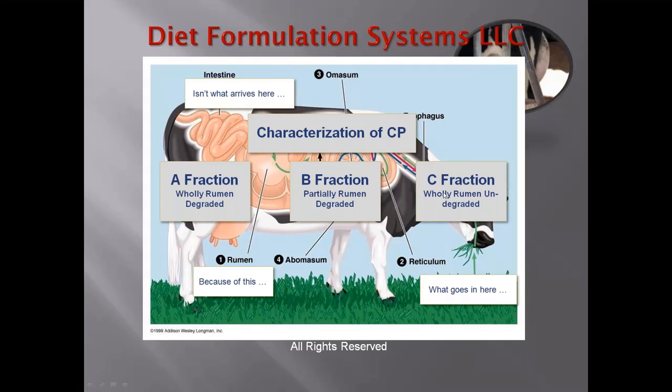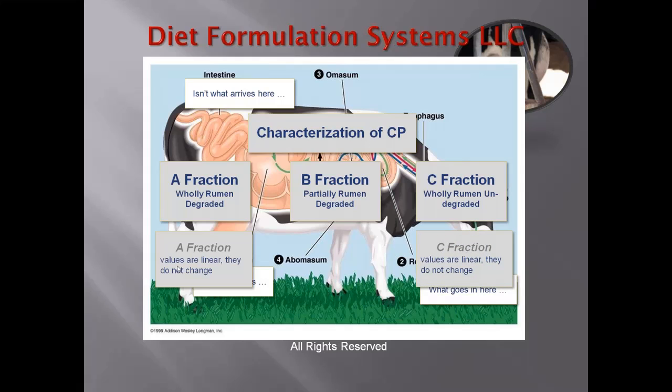But there are some other factors here that are very important to understand. If I have a 10% A fraction, that's a linear value. It's going to remain constant all the way through the model's predictive process. So A fraction values are linear. They don't change. C fraction values are also linear, and they don't change.